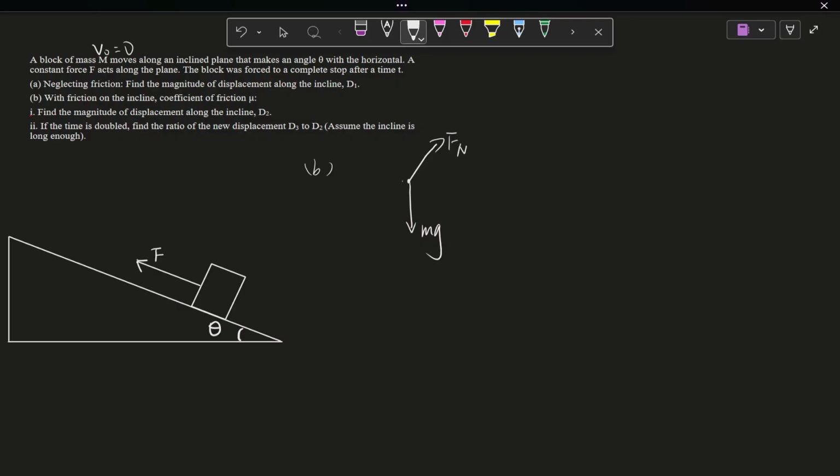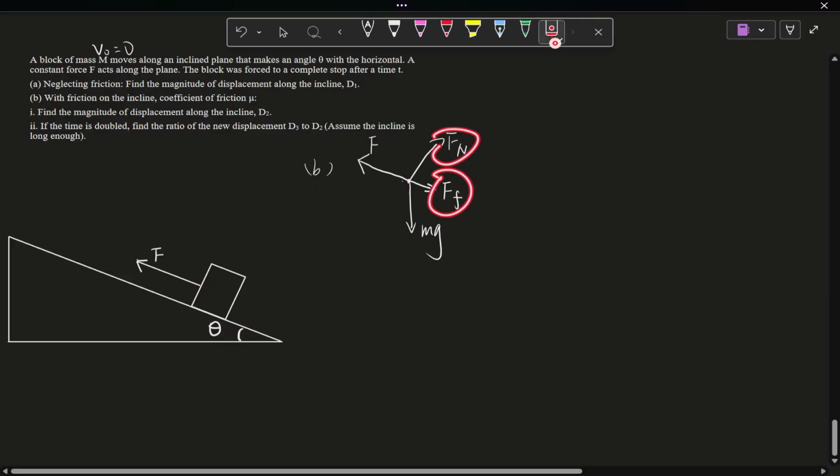There's an action force, F, and there is a friction, Ff, which is opposing the direction of the object's moving. And the magnitude of Ff will always be smaller than the magnitude of the Fn.